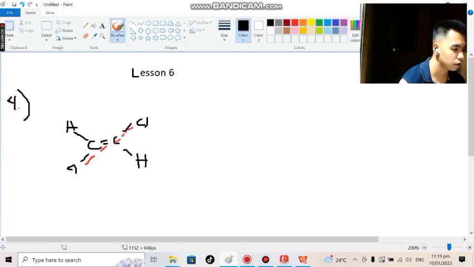So this means that this is a trans isomer, and based on our structure, there are two chlorines. So this means that we're going to have a dichloroethene.